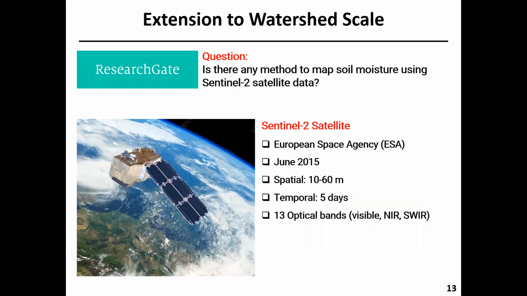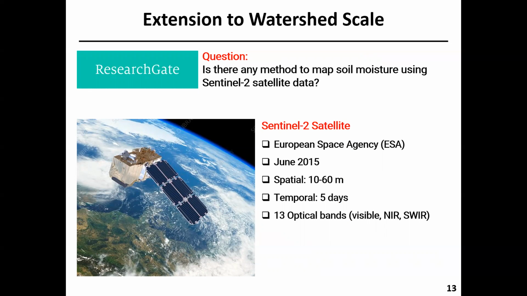So after all these laboratory experiments, one day I was reading through ResearchGate, and I came across an interesting question. The question was, is there any method to map soil moisture using Sentinel-2 satellite data?